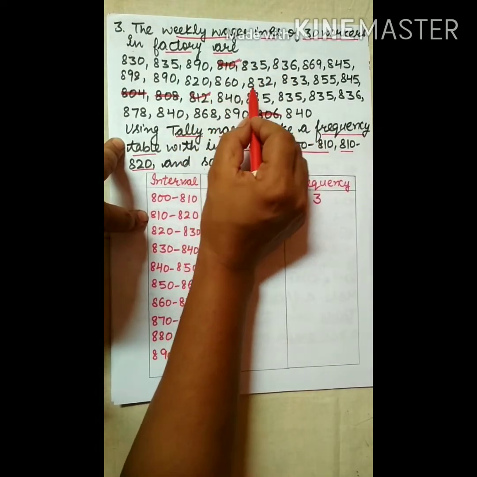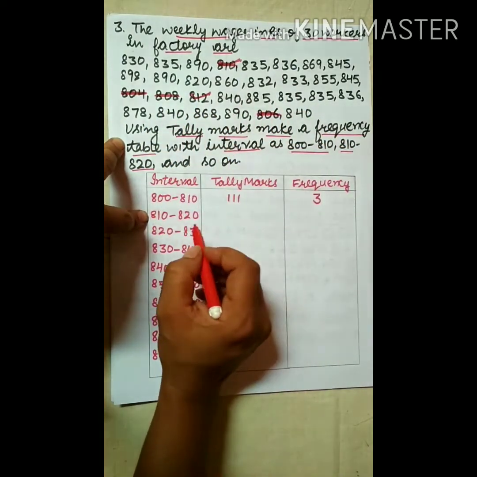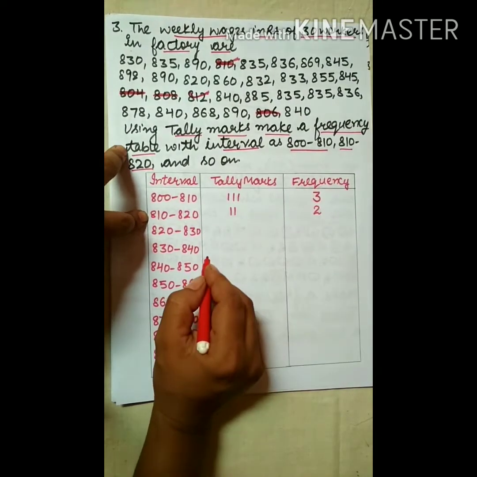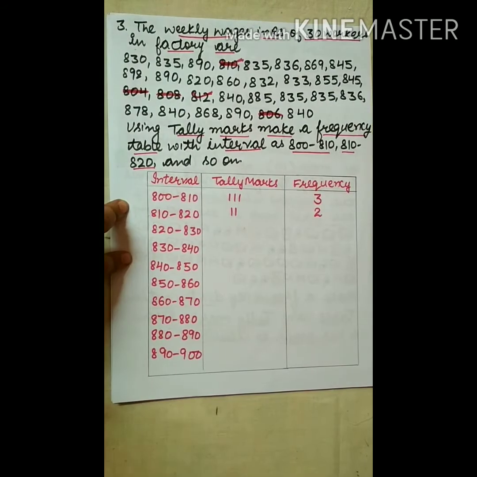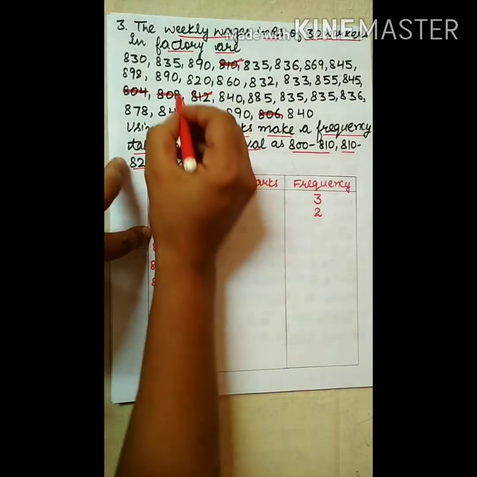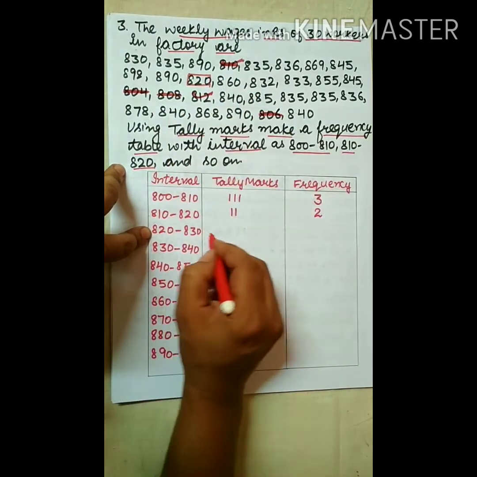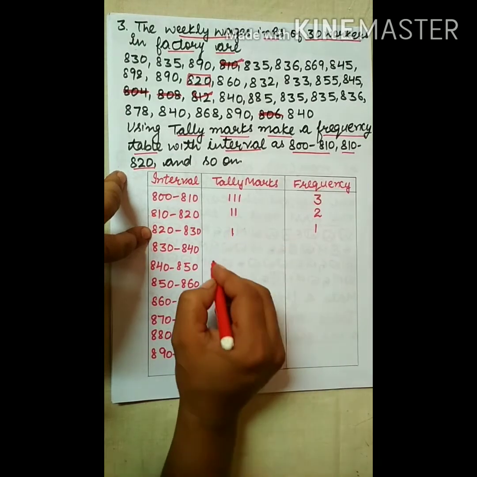There are only two values which are lying from 810 to 820. So here I have two values. Now the next one is 820 to 830. I have just one value. I will just make it in a box. This is one value, so here I will represent it by a tally mark.